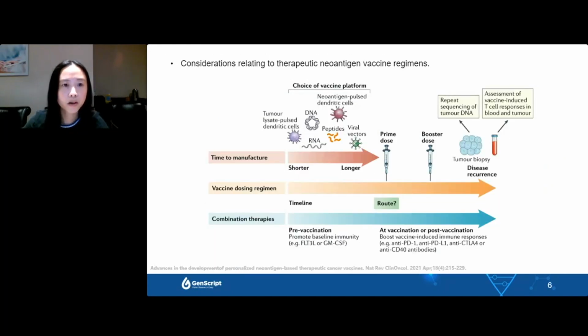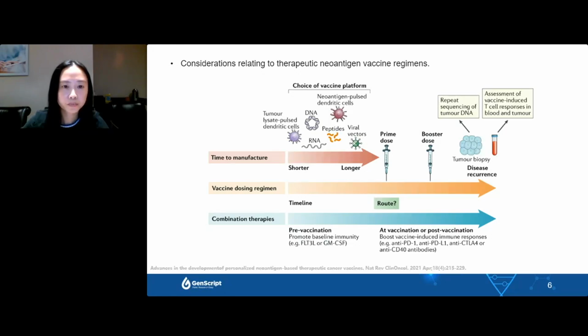Okay, another part we got to consider about the new antigen regimens is like this: time to manufacture, the vaccine dosing regimen, and combination therapies. Like I mentioned, the main vaccine types are RNA, peptides and dendritic cells, but also we have viral vectors.